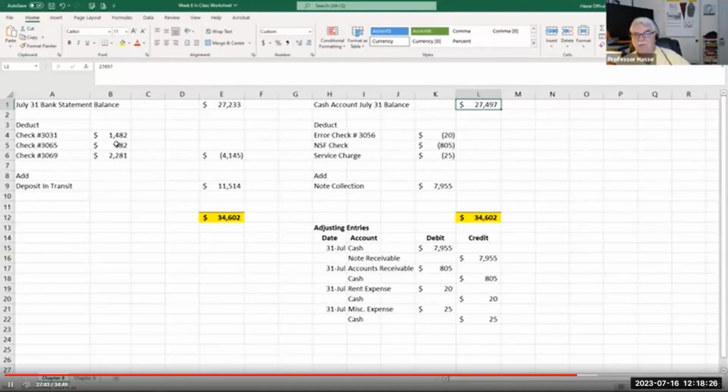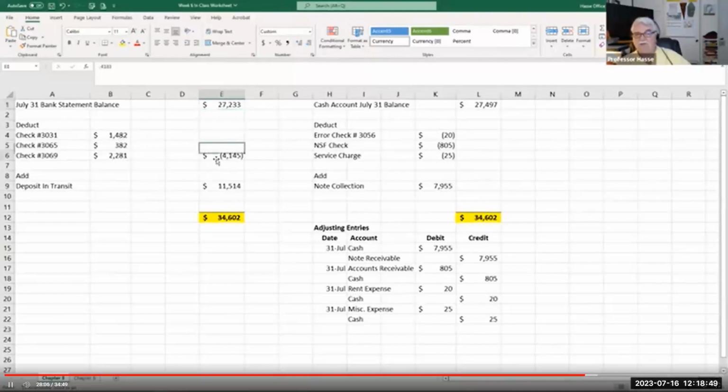Check 3031, 3065, and 3069. So these checks have been deducted or credited to my cash account, but the bank has yet to see them. It's not in that balance. So I have to deduct them from the bank balance to show that eventually they're going to clear the bank. It's called outstanding checks.